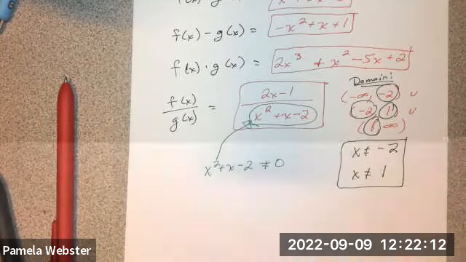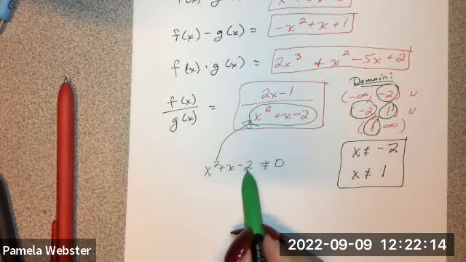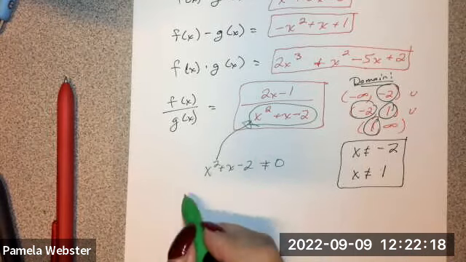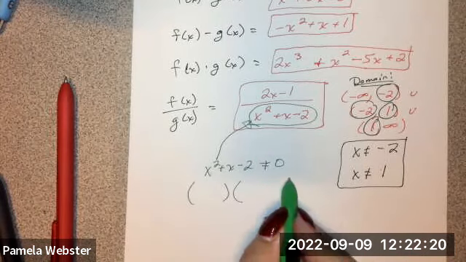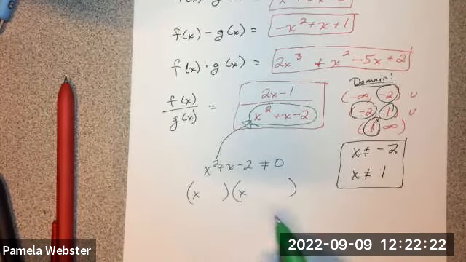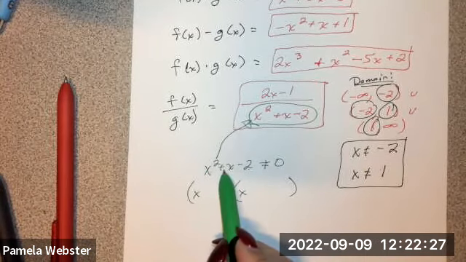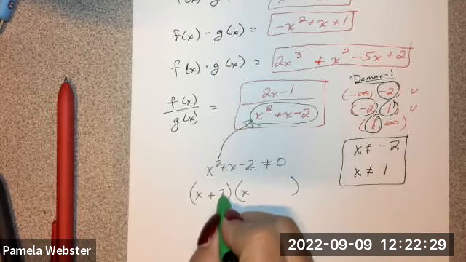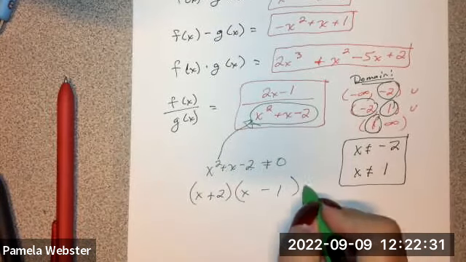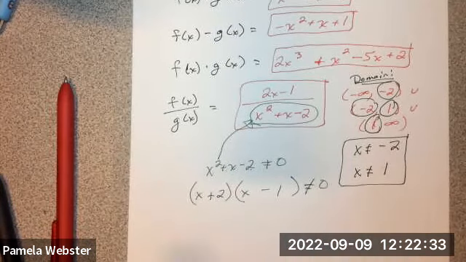And I believe it will. So when I look at this, factors of 1 times negative 2, factors of negative 2 that multiply together to give me negative 2 would be a positive 2 and a negative 1, right? To give me a plus 1 in the middle. If you're not sure about that, go ahead and work with it and make sure.